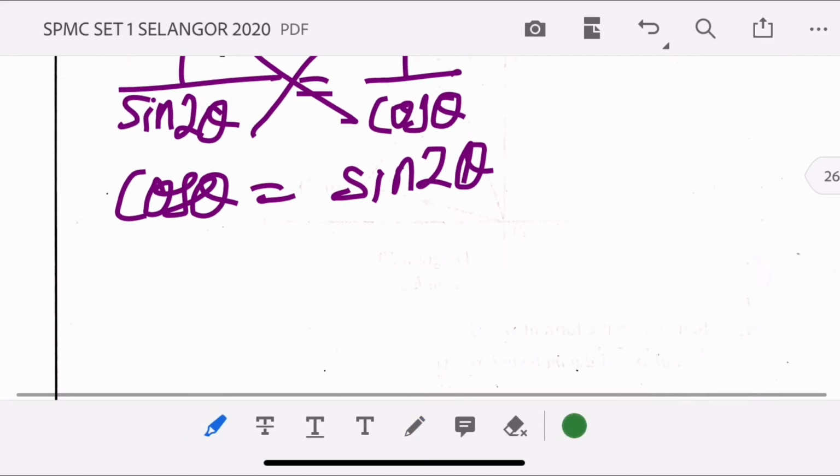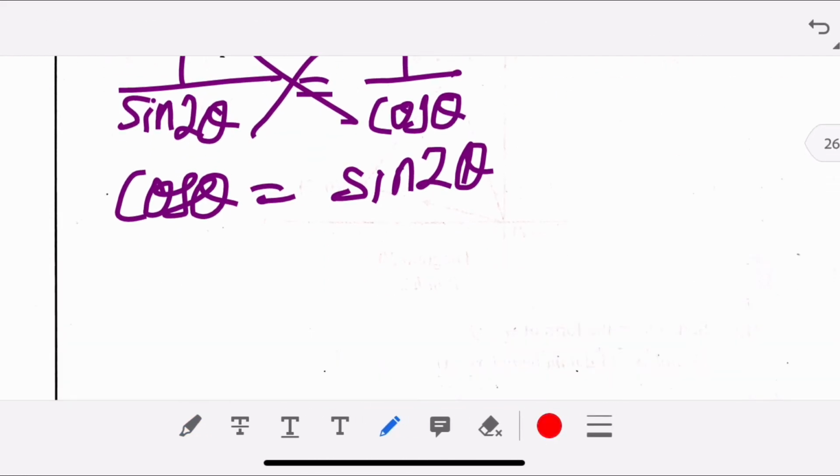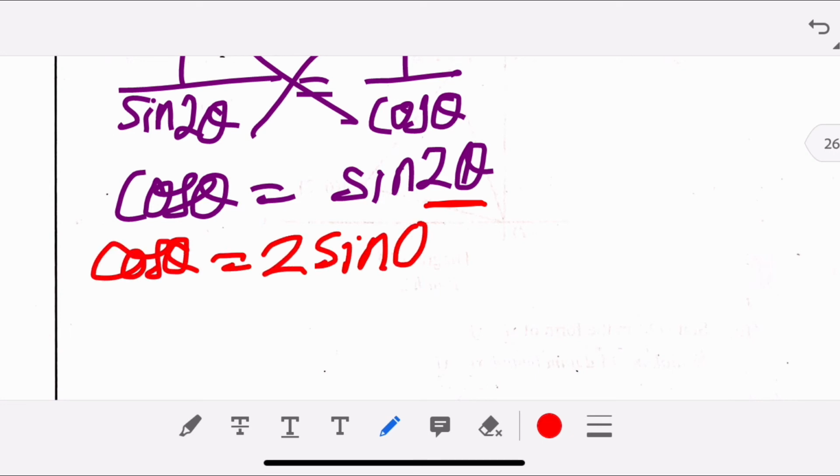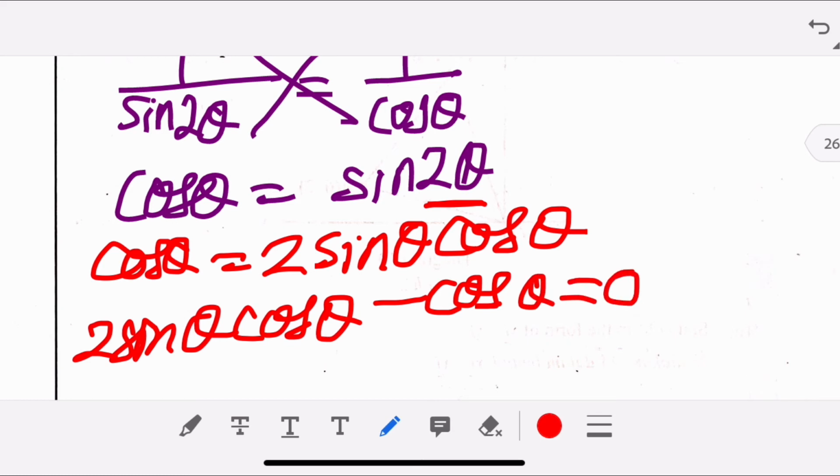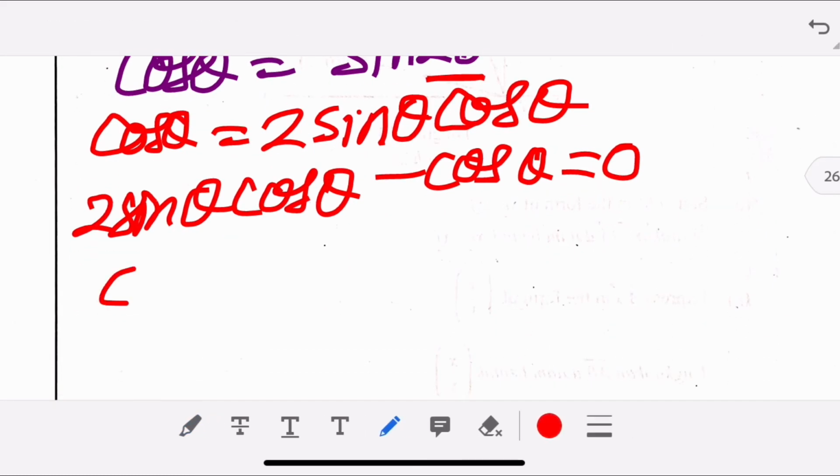So in order to solve the trigo equation, we must convert the sine 2 theta into sine theta using the formula, and we are not supposed to cancel out any of the factor because we are using factorization later for solving the equation.